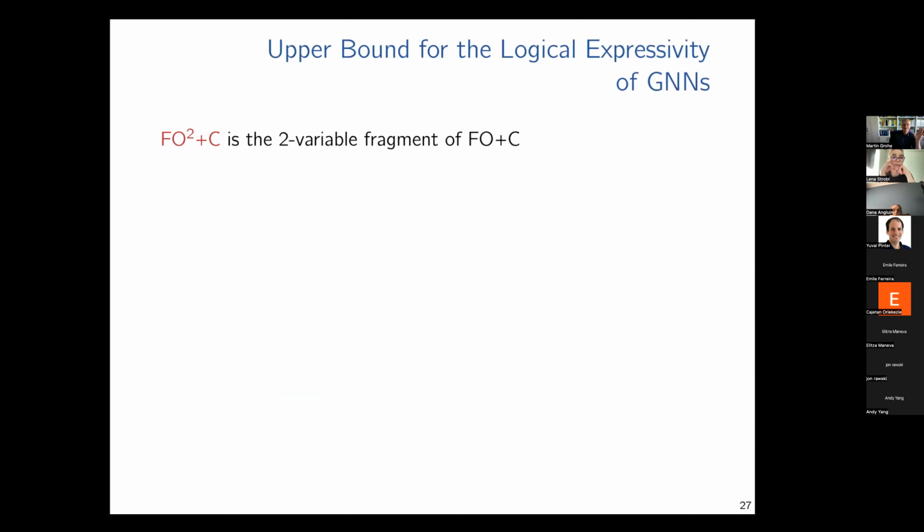Okay, and now here are the results relating this to GNNs. The first is just an upper bound for the expressivity. And remember, we had this lower bound from Barcelo et al. They said everything that is expressible in the logic C2 is expressible by a GNN.